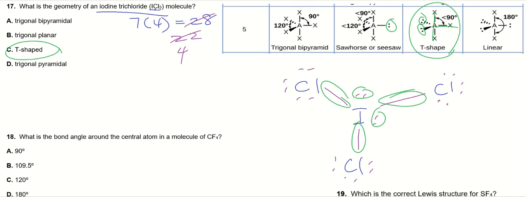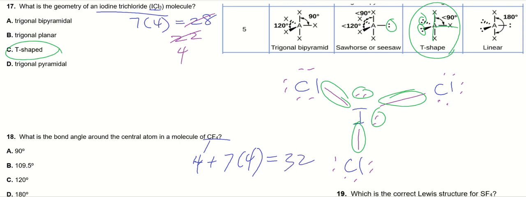All right, number 18. Carbon tetrafluoride. So 4 valence electrons plus 7 times 4. Too much math. 28 plus 4 is 32.